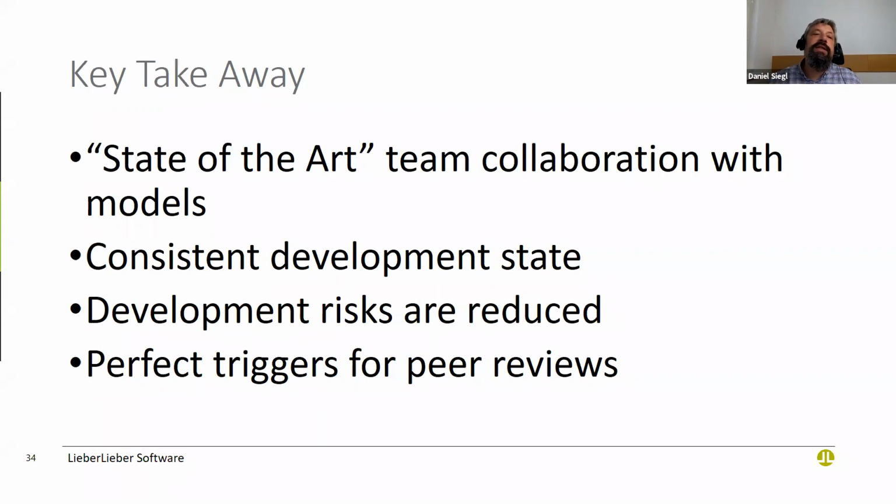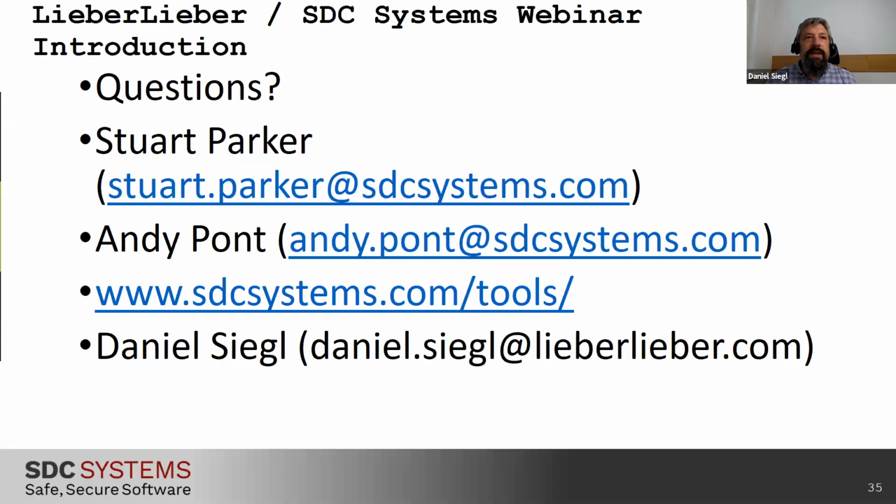There is a consistent development state always available in your version control system, and this reduces development risks. And you have perfect triggers with the branching to do reviews with peers, help others understand, and introduce others as well. So I think that's it from me today, rather quick and fast.